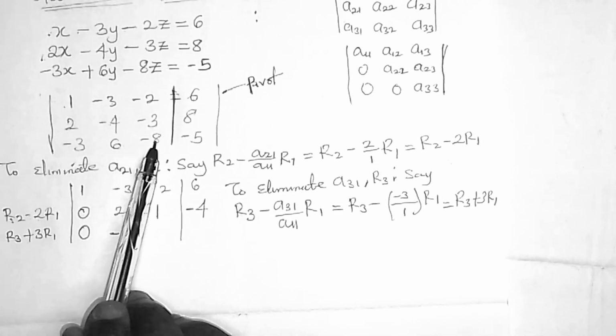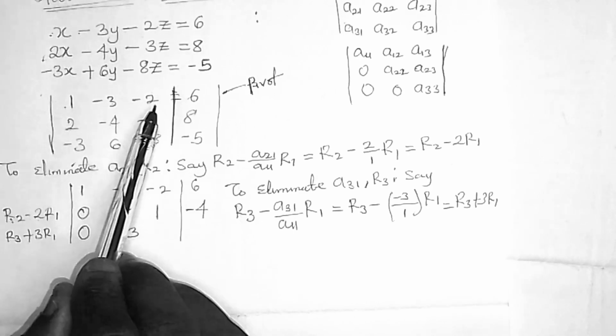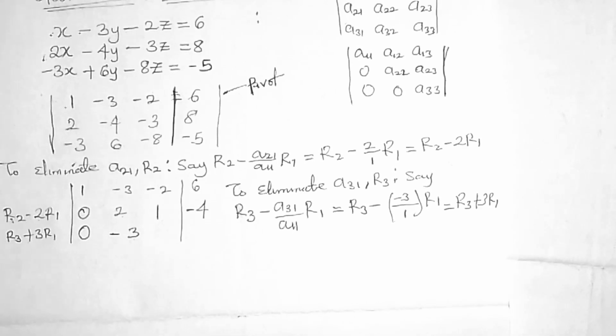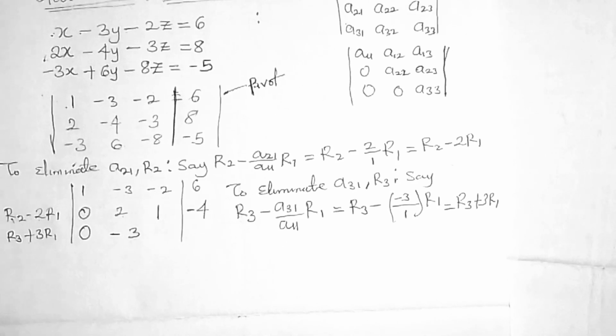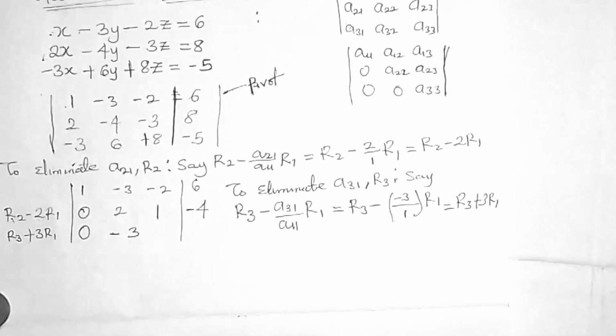Then R3 is what? Minus 8. 3 times minus 2 will give you what? Minus 6. I get what I'm saying now. So I think I made a mistake, this is plus 8. This is plus 8. Sorry about that.